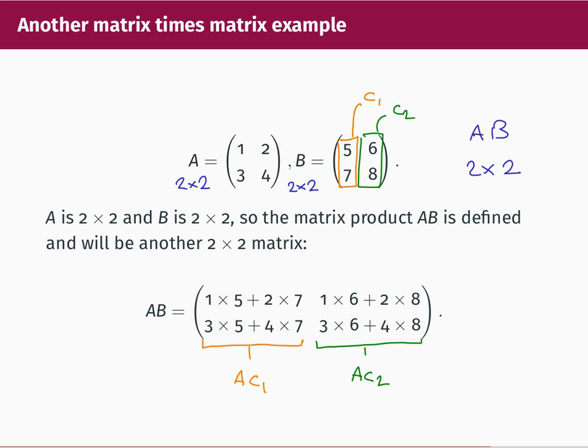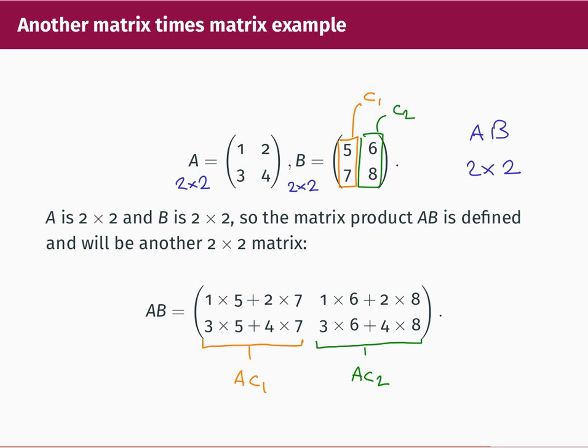So to work out A times (5, 7), we do 1 times 5 plus 2 times 7 at the top, and then 3 times 5 plus 4 times 7 at the bottom. You can see that's what I've put in this matrix product. And to work out the second column of AB, that will be A times C2, which we work out by doing the first row of A times C2.